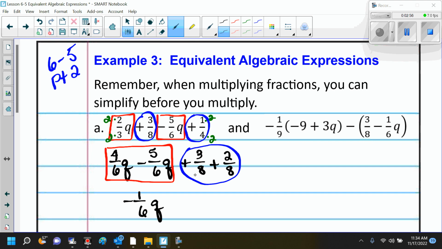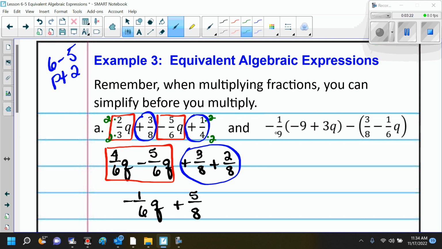And then we've got a positive 3/8 plus 2/8 is positive 5/8. Very good. So now that one is simplified. Everybody good? So now we're going to do the other side. How do I start simplifying this one? What was that property I need to use? The distributive property. Very good.